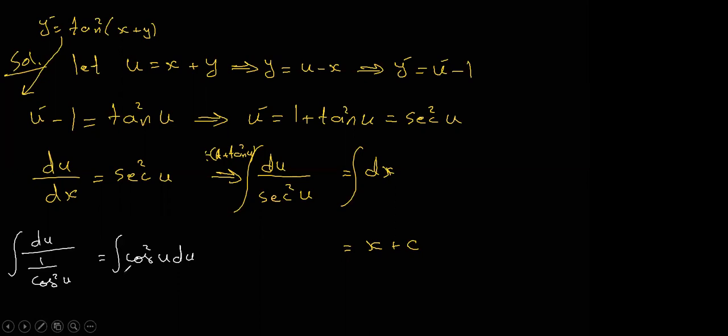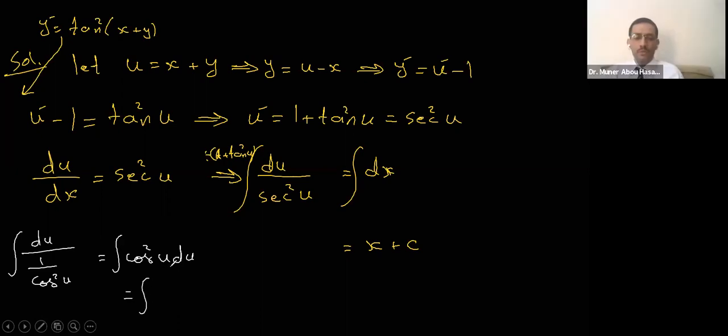Using the double angle identity. Double angle, you are right. So it is the integral of, do you remember the rule of cosine squared? It is half of 1 plus cosine 2u, du. So this will be half u plus, what about the integral of cosine 2u?